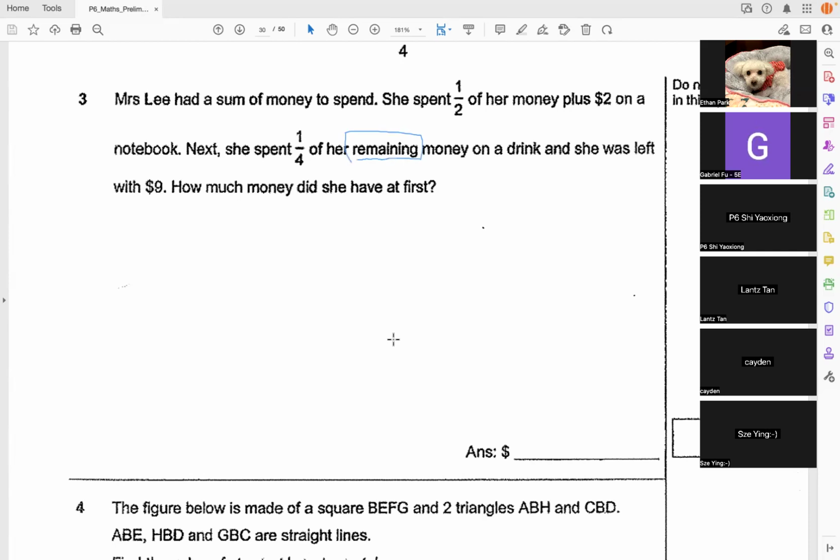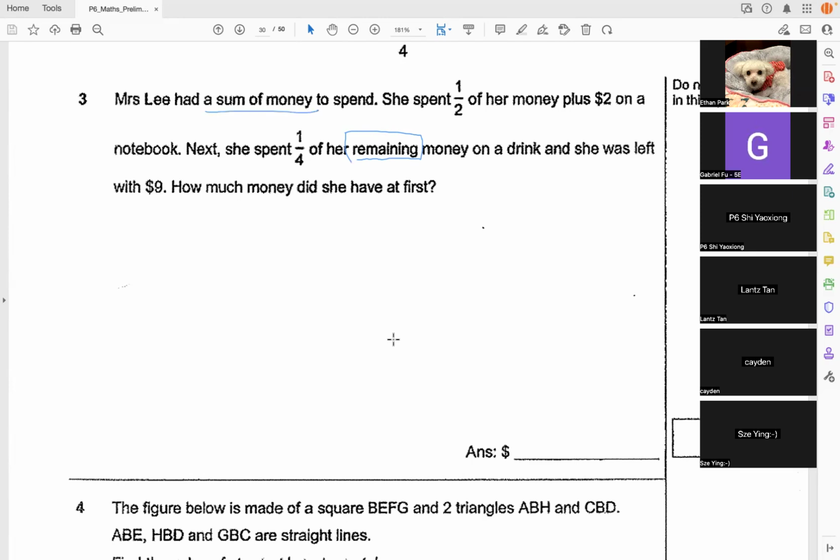When the word remaining or remainder appears in a question, the approach to solve this question is using the model method. Remember, whenever you see the word remainder or remaining in the problem sums, the approach is using the model. All right? Let's try.